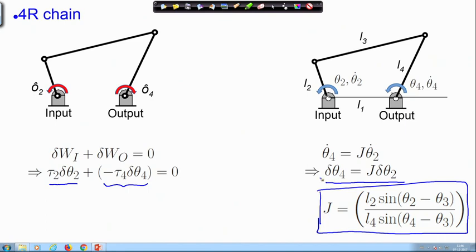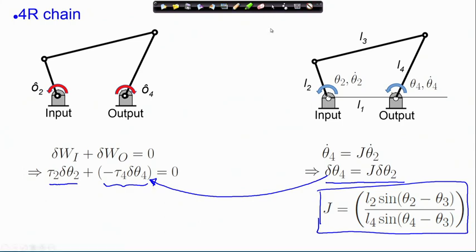So, therefore, if I substitute this expression of delta theta 4 in the virtual work expression, what I have is torque at the input times delta theta 2 must be equal to torque at the output times J times delta theta 2.